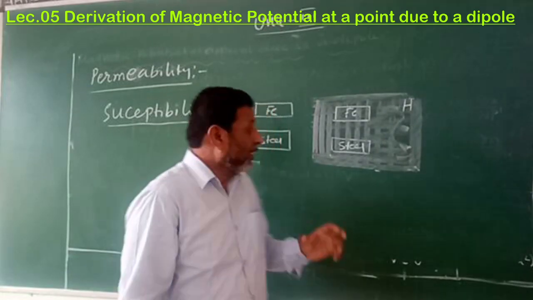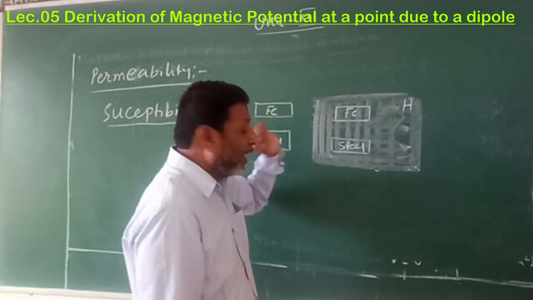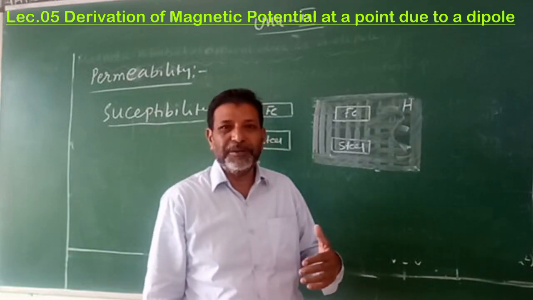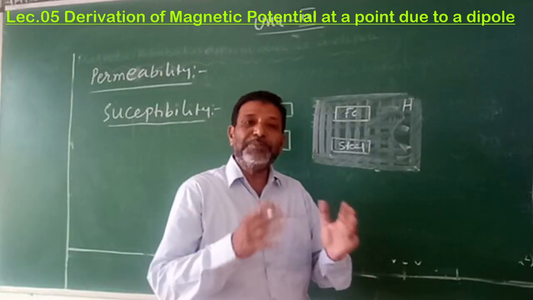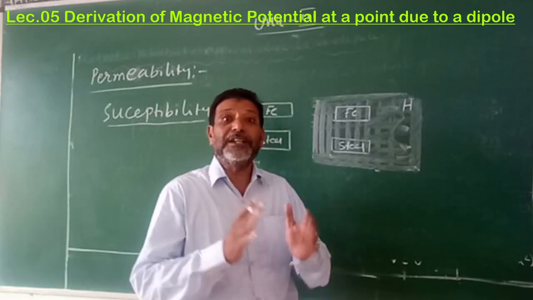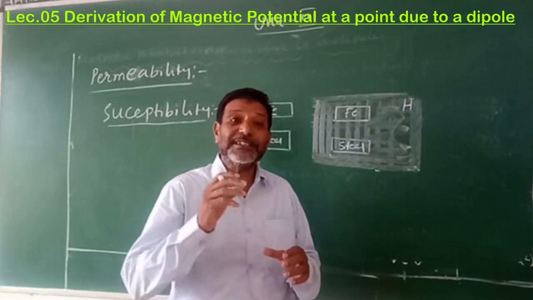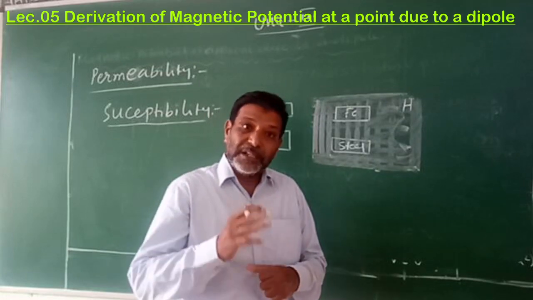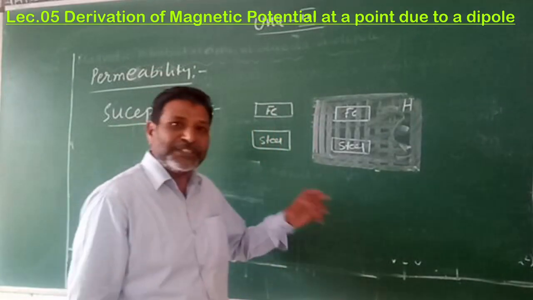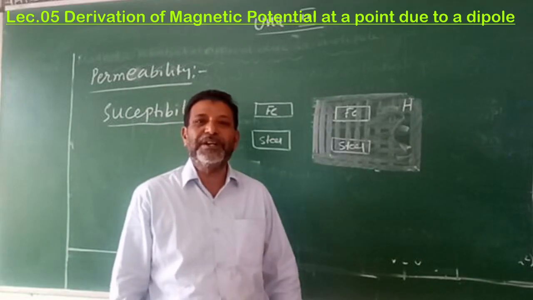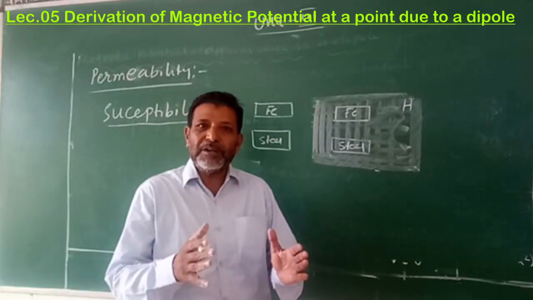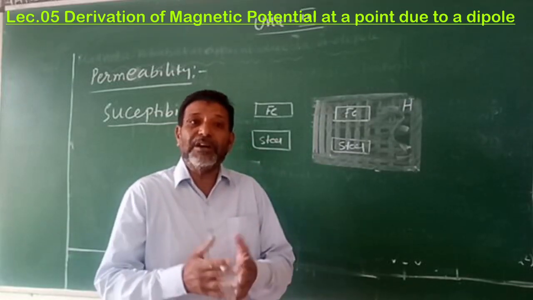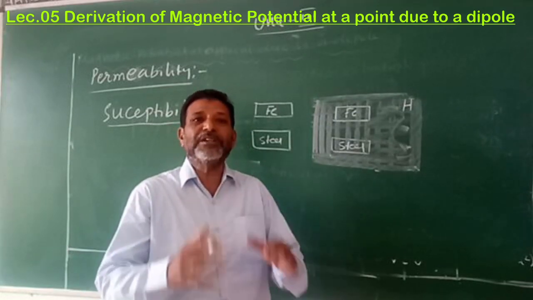Why are different materials placed into the same magnetic field magnetized to different extents? It is because of their own property, and that property is known as susceptibility. This is the basic definition, or physical definition. Once again, I repeat: when different materials are placed into the same magnetic field, the different materials are magnetized to different extents because of their property.